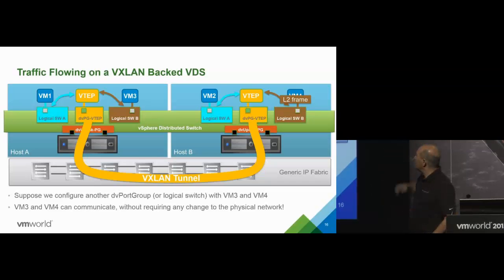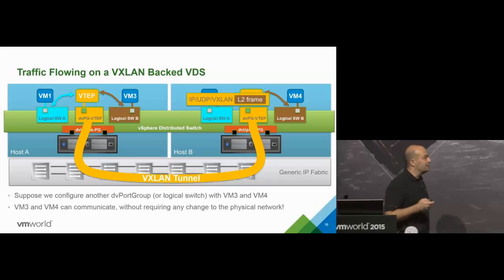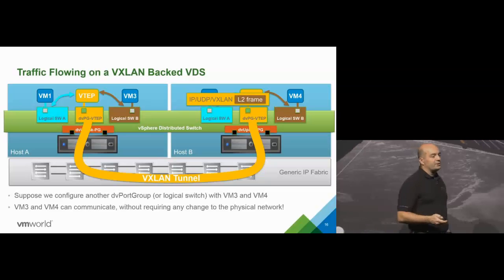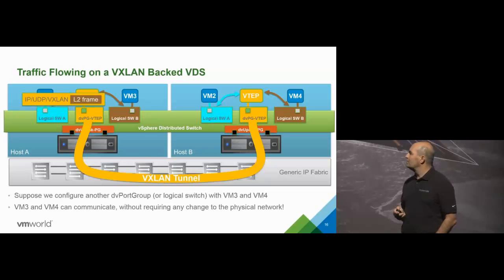For example, here I have my brown logical switch. I need to send a frame from VM4 to VM3 on this logical switch. It's going to go through the VTEP, being encapsulated, transmitted as an IP packet across the network, received by the other side's VTEP, decapsulated, and eventually forwarded to the remote virtual machine.